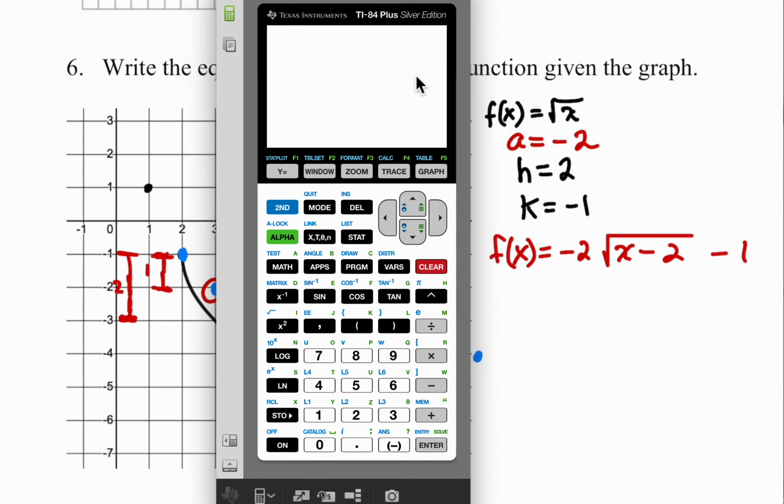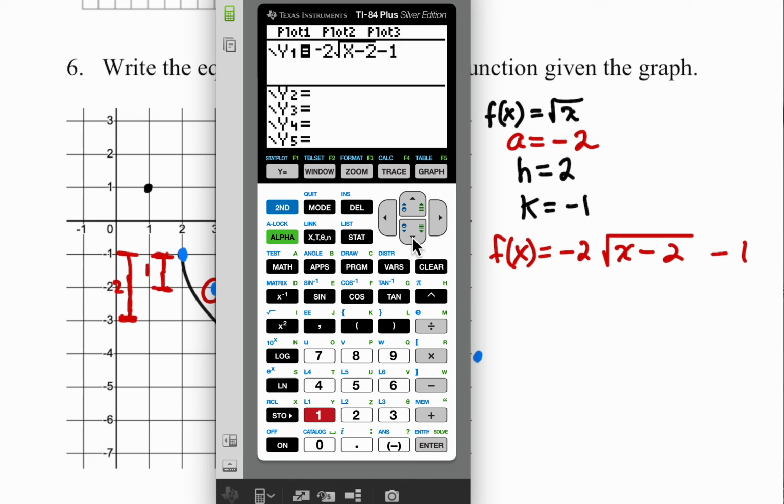I'll cover this for a second, then I'll bring it back. So y equals, negative 2, the square root key, same square root key you always use, so second x squared, then x minus 2, hit the right arrow, minus 1.